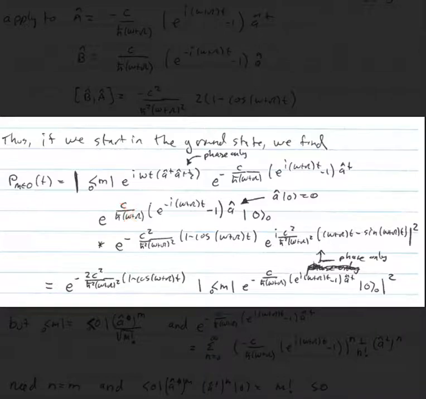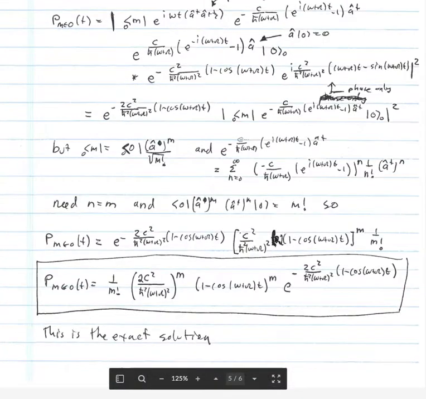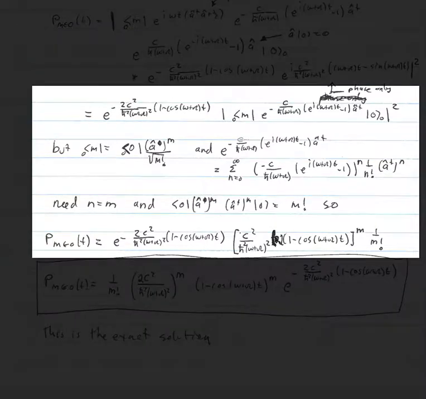so that expression can be replaced by 1. And then the term with the exponential of the a dagger is just a polynomial in a dagger. Now, if I operate it with an m state on the other side, I'm going to move the paper up just a bit so we can catch up here. If I operate that with an m state on the other side, the m state is a dagger raised to the mth power over the square root of m factorial.